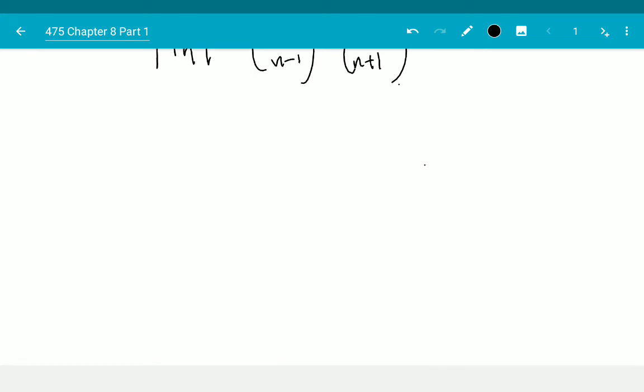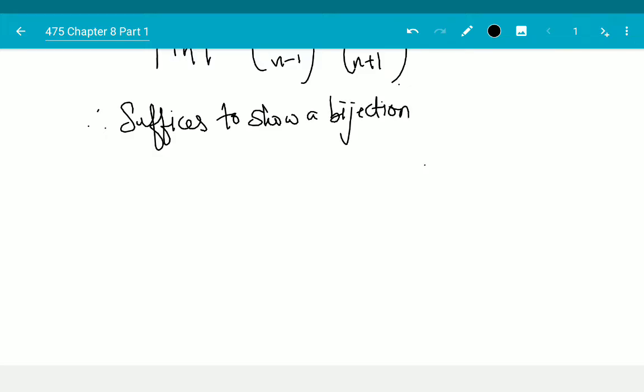And so it suffices to show there is a bijection f from U_n to T_n, right? If there's a bijection, then both sets have the same cardinality, and so that means the cardinality of U_n is also exactly 2n choose n minus 1.